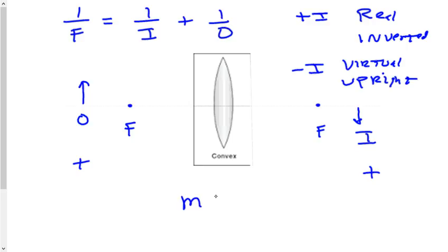Now what about magnification? Magnification is equal to minus I divided by O. So it's the minus of the image distance divided by the object distance. And the magnification means how many times larger the image is than the actual object. Looking at this right here, it looks like this one's about half the size of this.